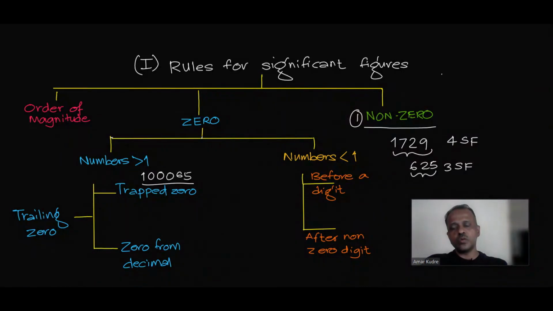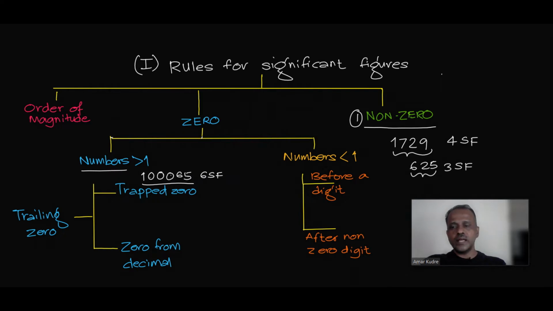The rule for the trapped zero is that all the trapped zeros between the non-zero digits are significant, so these become significant. So here it becomes 1, 2, 3, 4, 5 and 6. So here we have six significant figures. So these are all rules for the numbers which are greater than 1.